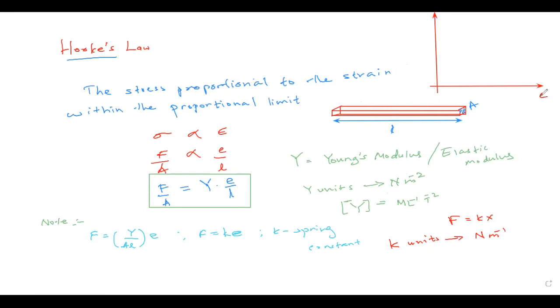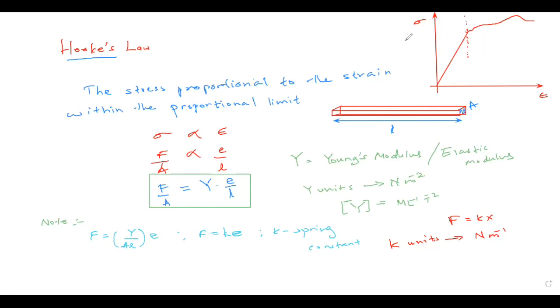So this is strain and this is stress. Okay, and then we know how the graph is, right? It will be a straight line, something like this. Now within this is the proportional limit.